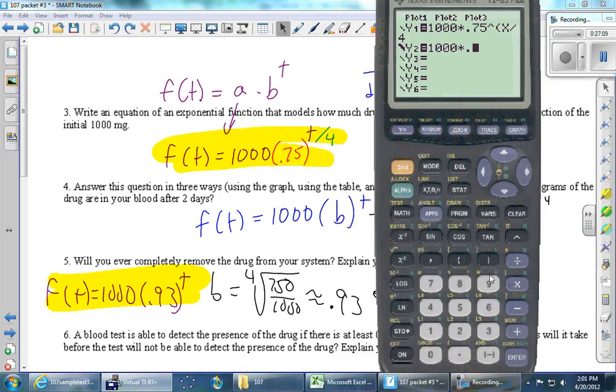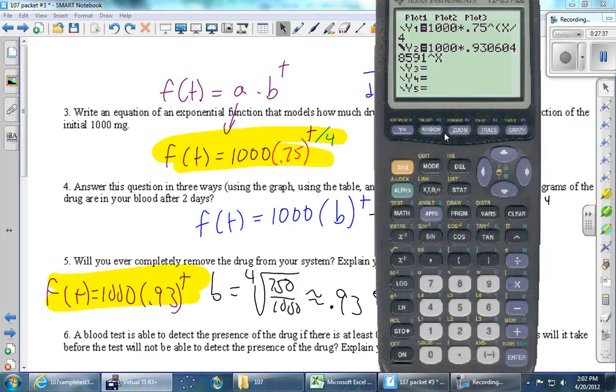Tyler, do you have any more digits than 93? Anybody have more? Yeah, it was the 4th root of 0.75. Okay, that's probably plenty. To the, what did we have up there? We had t, we'll call it x.